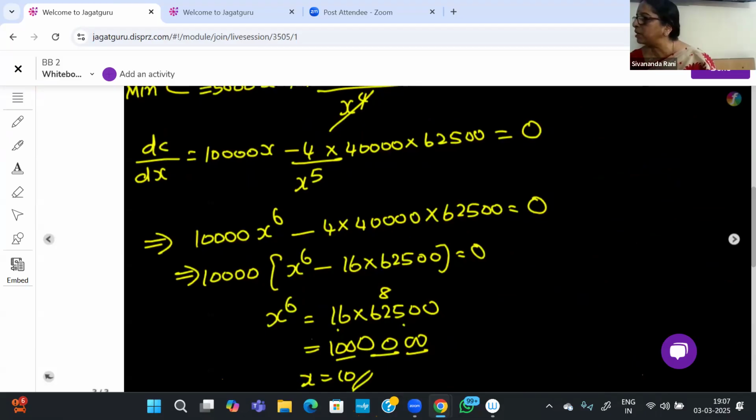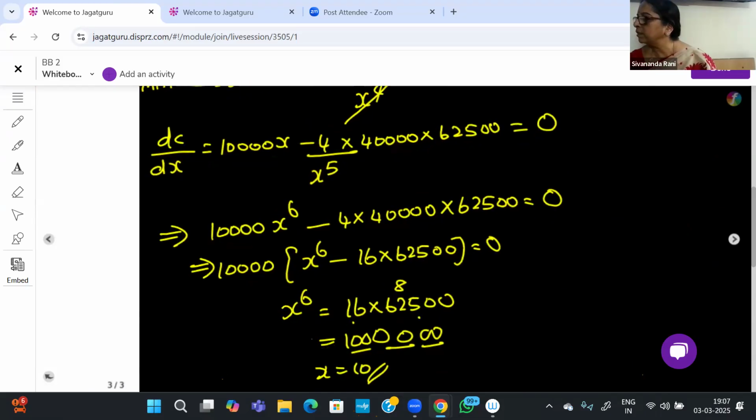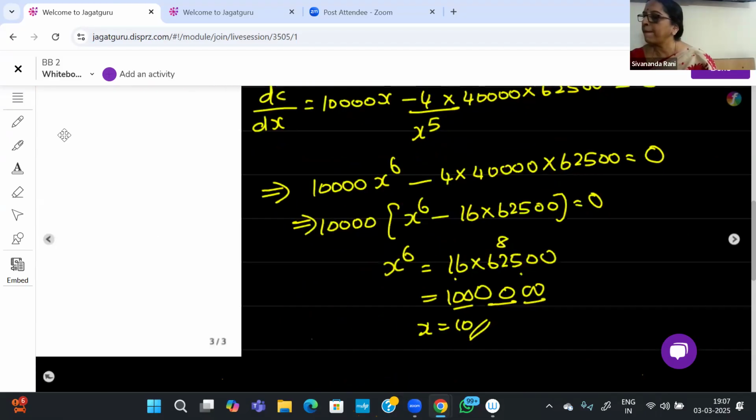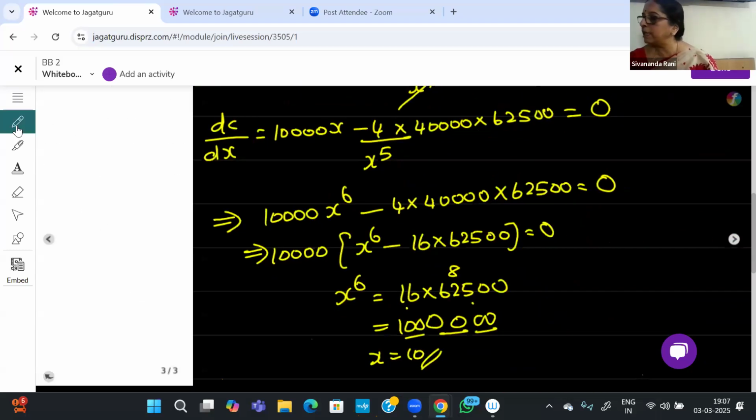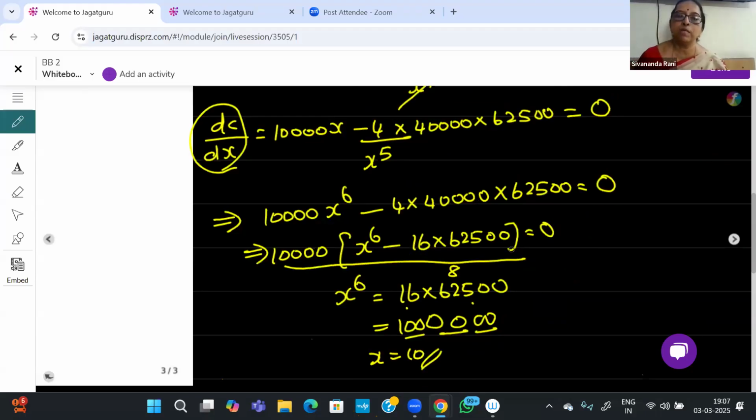Is the first derivative positive or negative? What is your take? Is it increasing or decreasing? C dash of x is here for you to inspect. Is asking whether this is positive or negative. Is it increasing or decreasing?